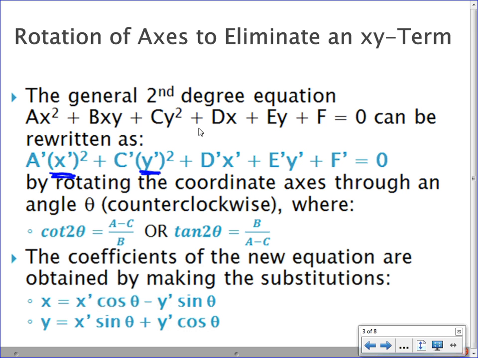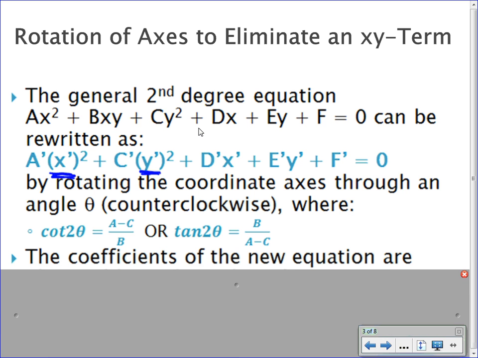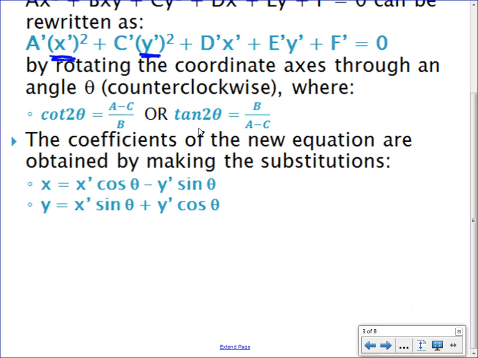We're going to make those substitutions so we can get a new equation. Okay, I'll move this up for you. We are going to substitute these in so we can have an equation in terms of x prime and y prime.